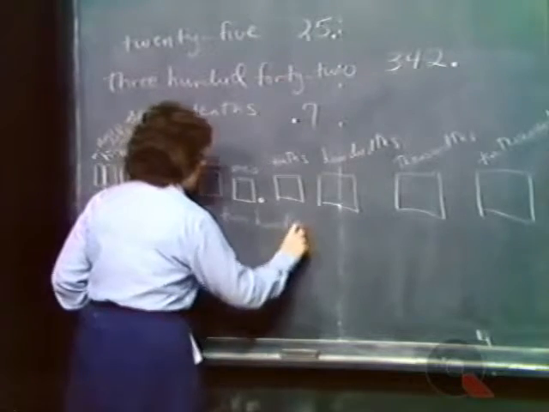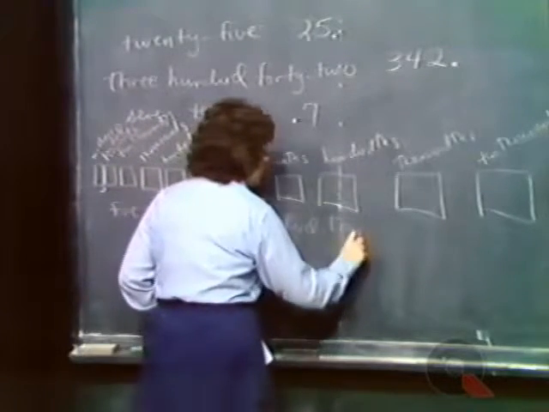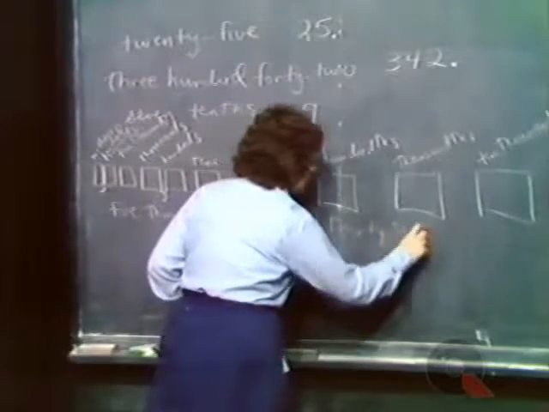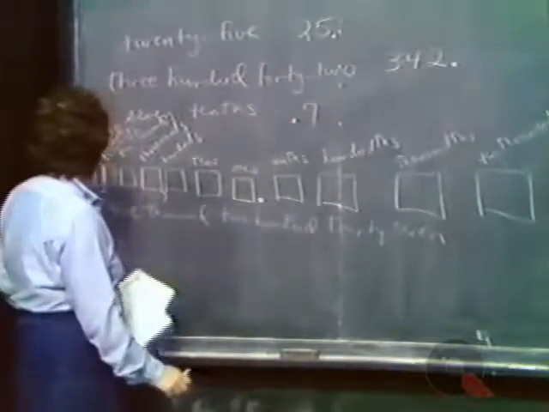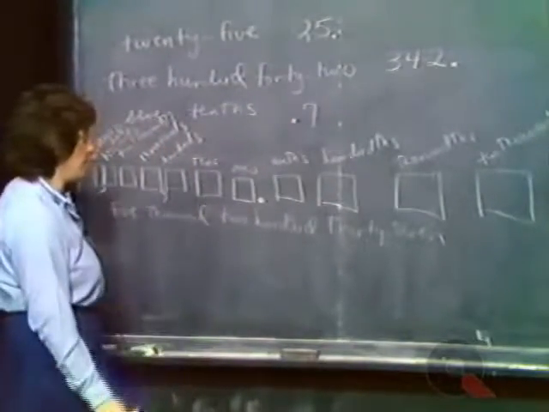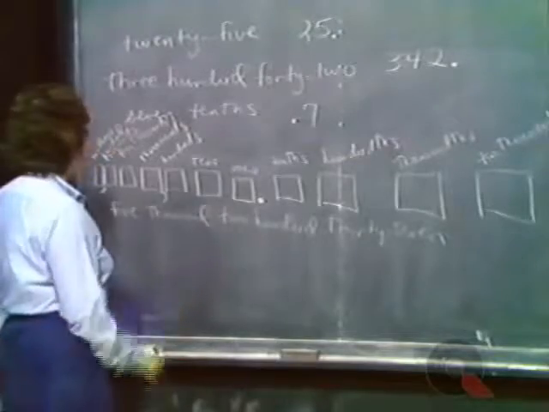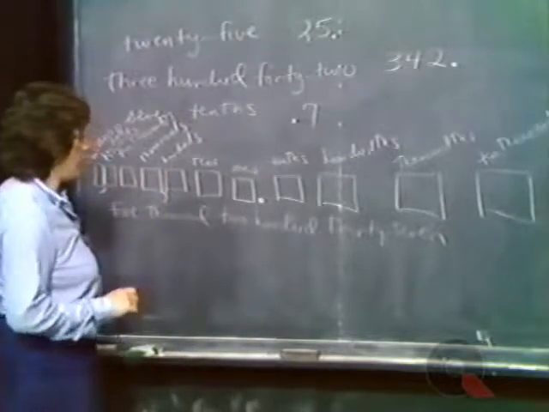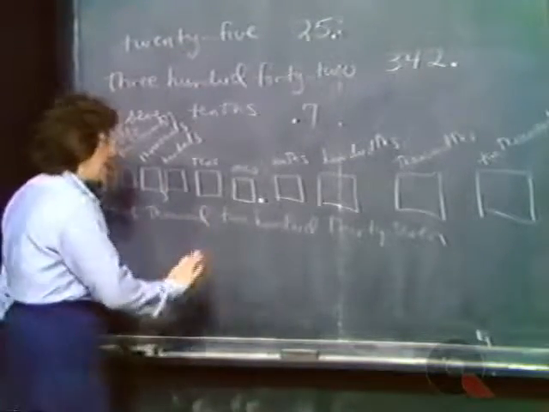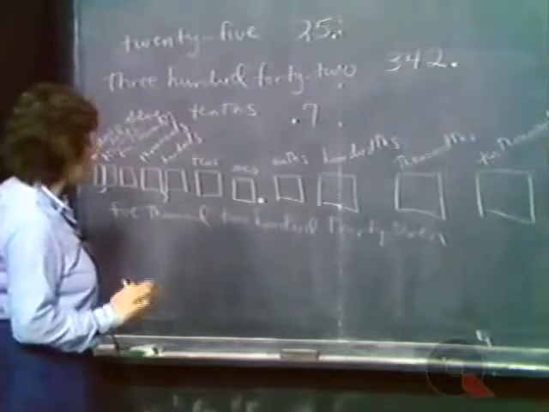Okay, let's start with 5,237. Okay, if you know how to do this without any problems, go right ahead. I'm not trying to change something you already know how to do.